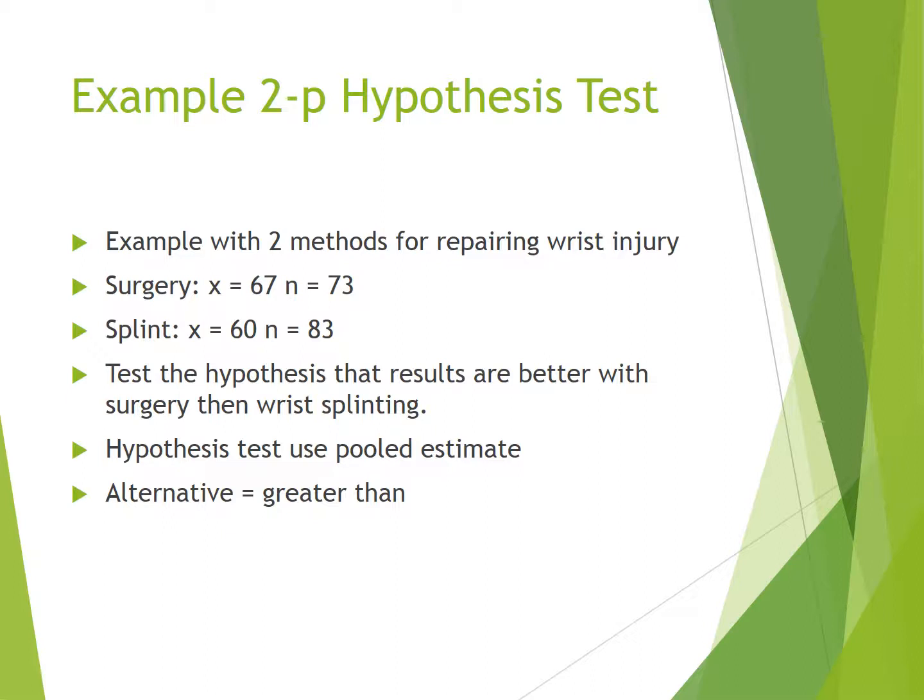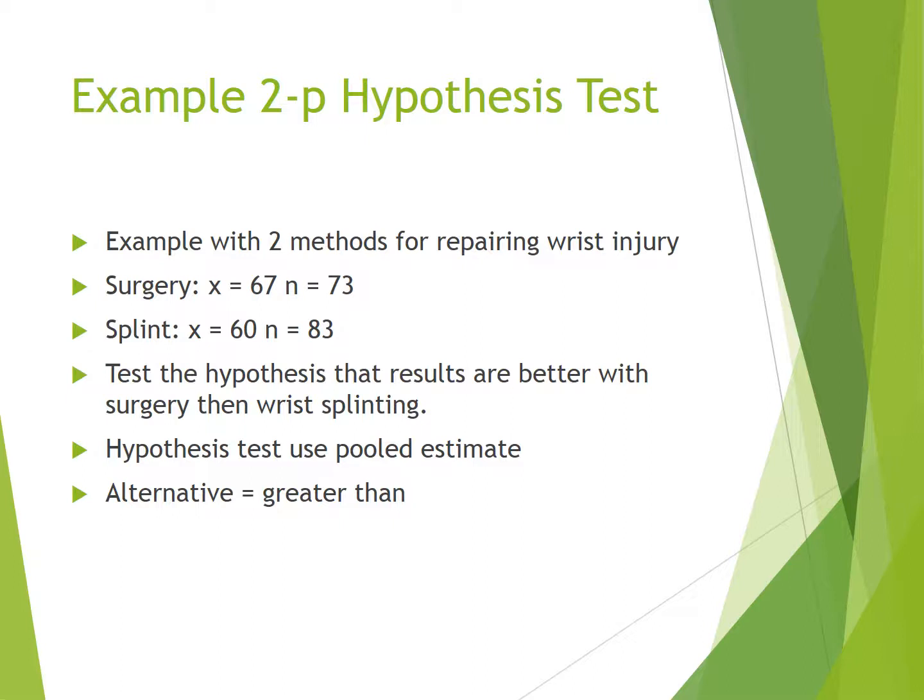Well, suppose we're going to look at two different methods for repairing a wrist injury. One method will be a surgical remedy, and we have 67 successes out of 73 patients. And for a splint method, we had 60 successes out of 83 patients.